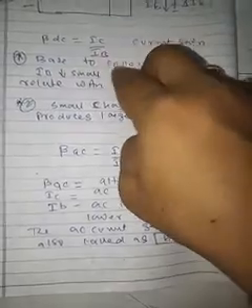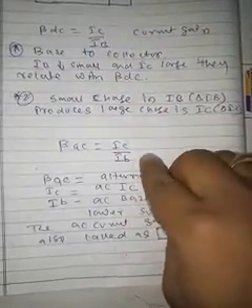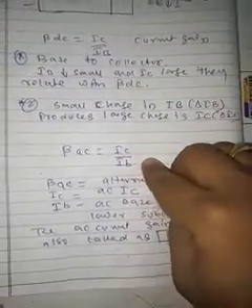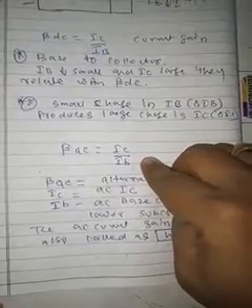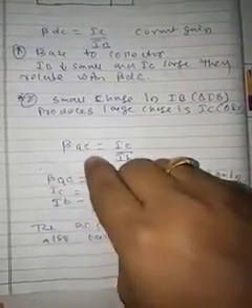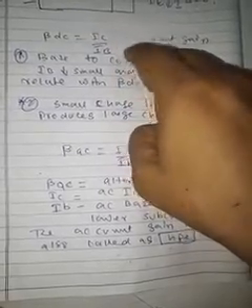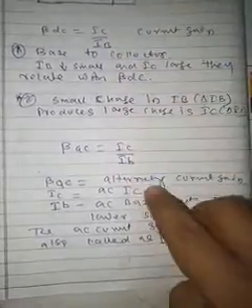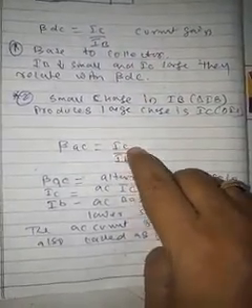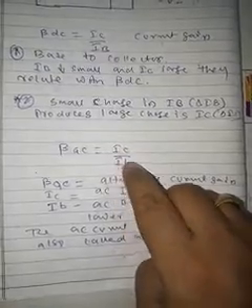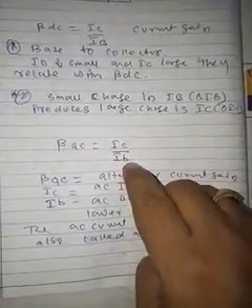This is for DC, and this is beta AC. AC means change. If there is a change, then it is called beta AC. If there is no change, for fixed values, we have beta DC. So IC by IB, C is capital, B is also capital. Here you can observe this C is a lower subscript and this B is also lower subscript.